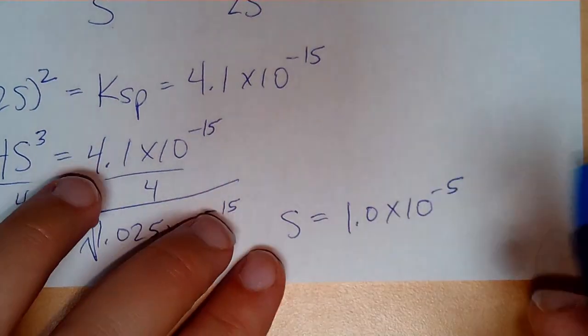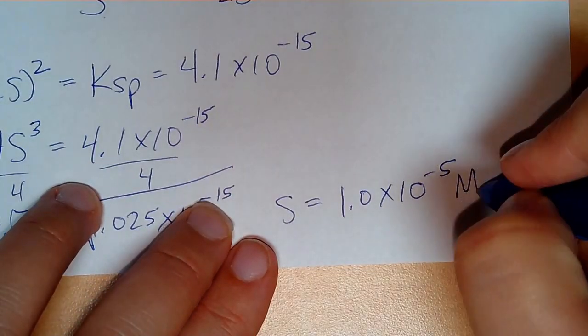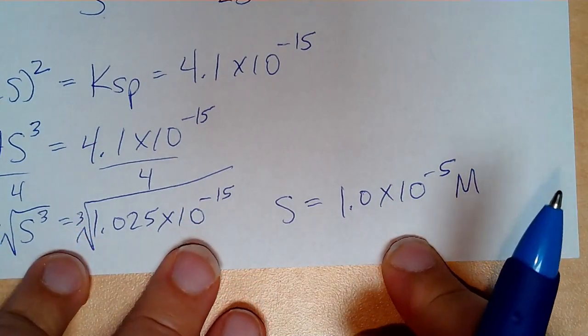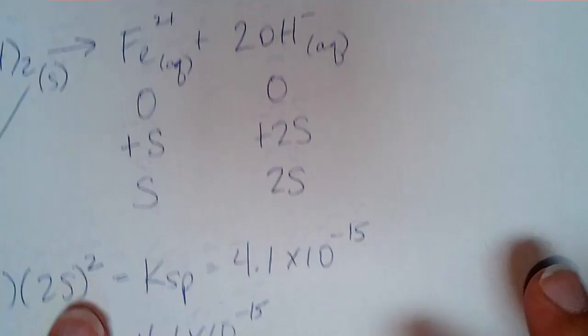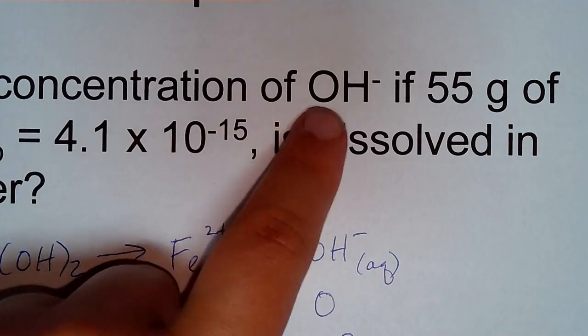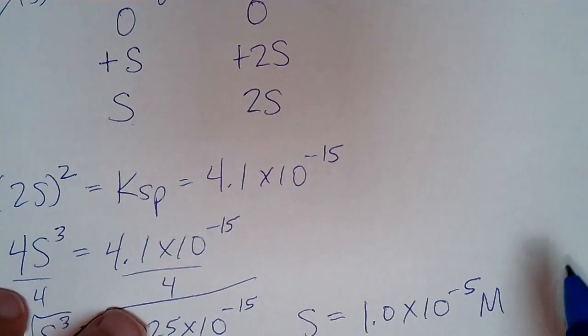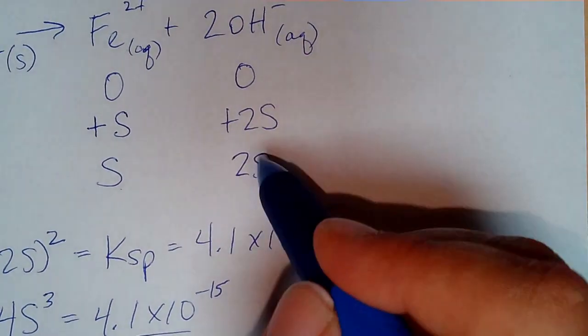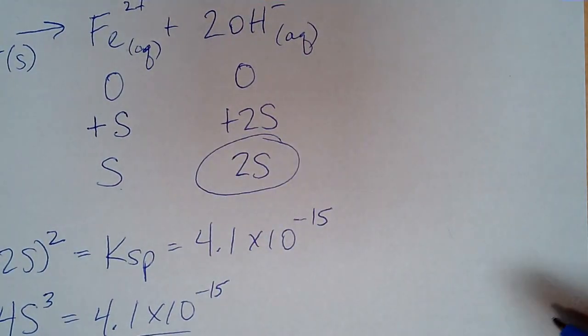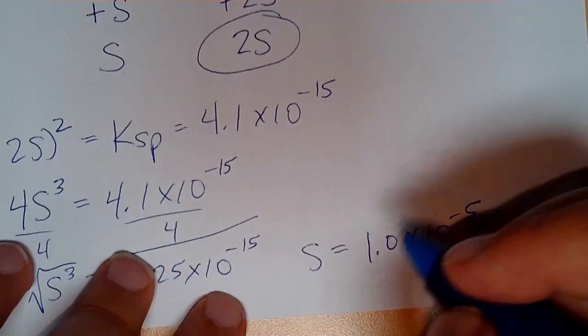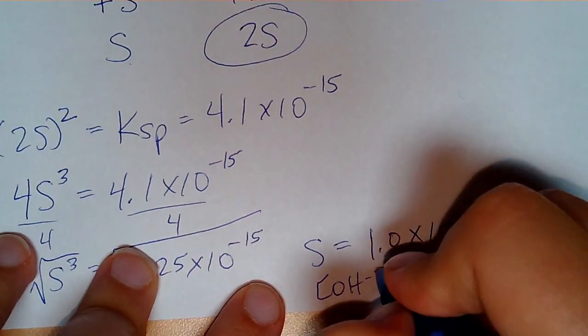But up here it asks me for the concentration of OH-. So I'm going to go back to my table. OH- is this, which is 2S. So my OH- is going to be 2 times 10 to the minus 5, multiplying my S times 2.